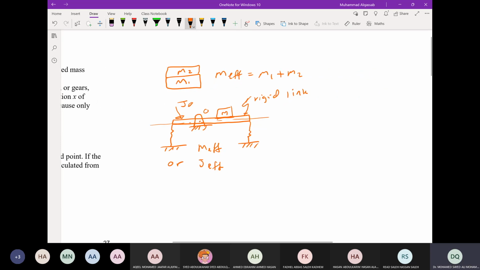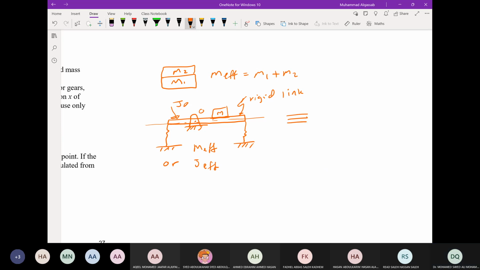If you find M effective, it means you are finding an equivalent system as a spring and M effective with K effective. Or if you find J effective, it means you are finding a shaft, just a disk, I mean, pivoted and with a torsional stiffness.